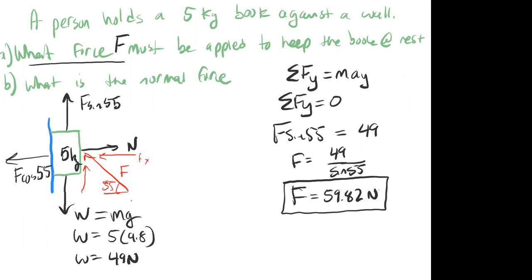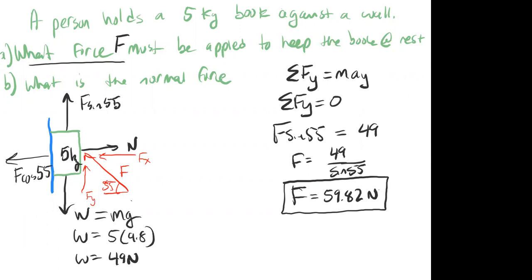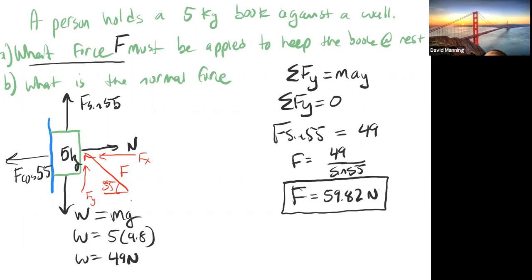So the top and bottom force would have to be equal. Well, all of these are equal, but that would only be true because we know it's being held in place. Otherwise, the force would be accelerating the book. It tells us in the given that the book is at rest.